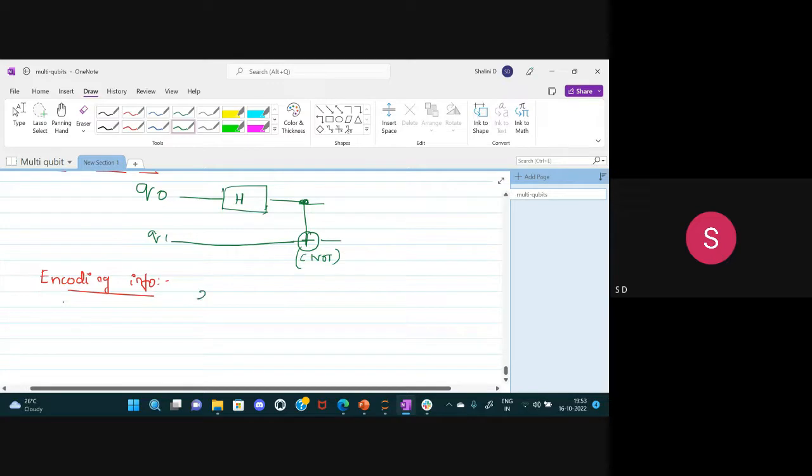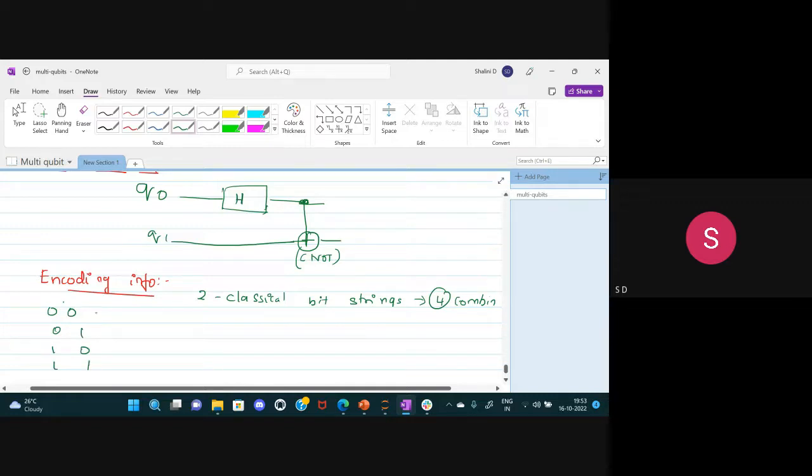I have mentioned that you are sending two classical bit strings. The two classical bit strings can be in four combinations. What are those four combinations? 00, 01, 10, 11.